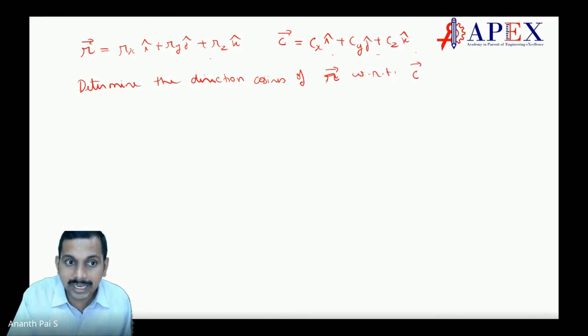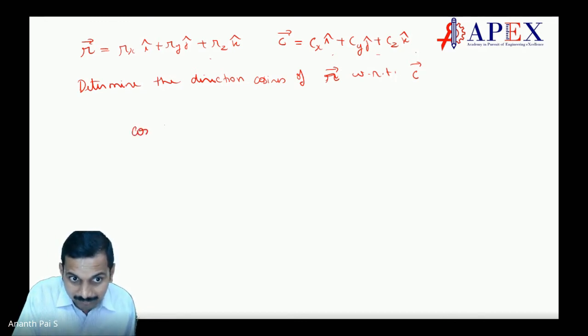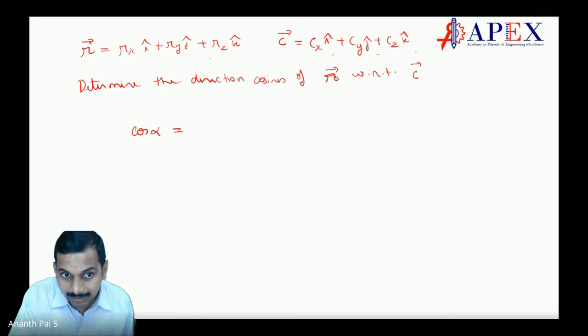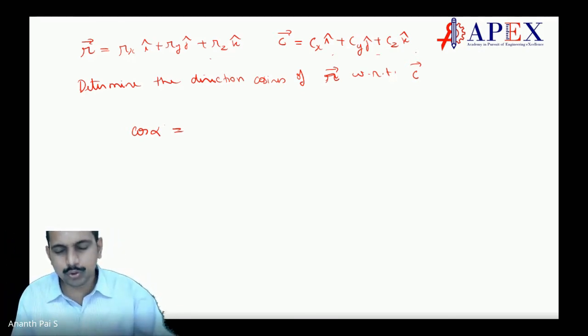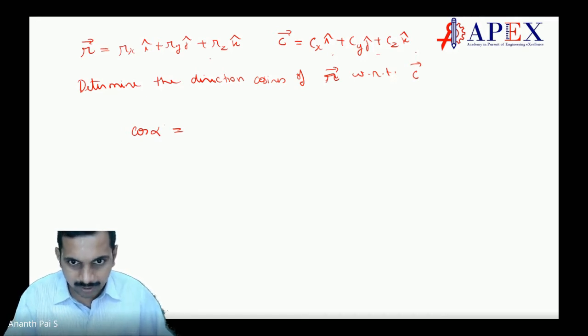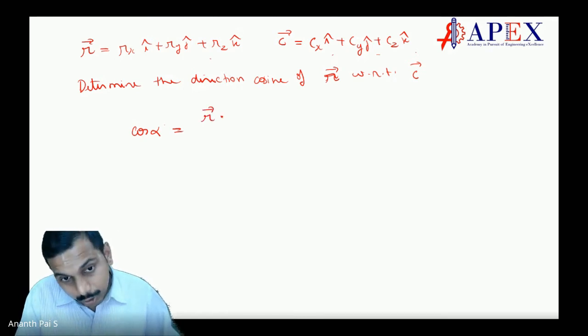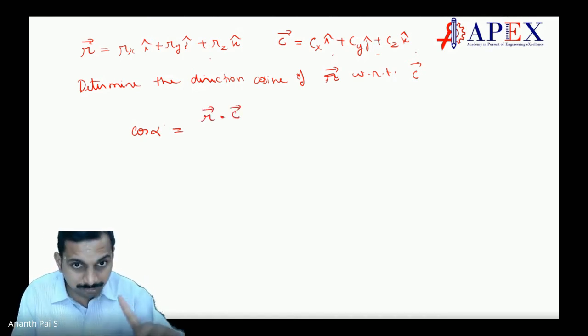Now the direction cosines here would be, this defines the direction, is it not? You can write cos alpha as equal to r dotted with c, the angle between these two vectors, very important.